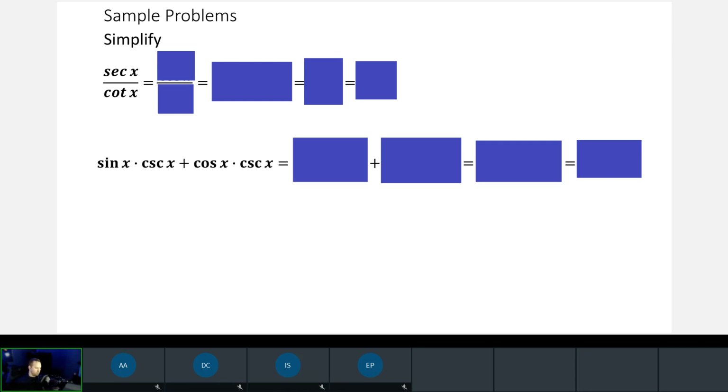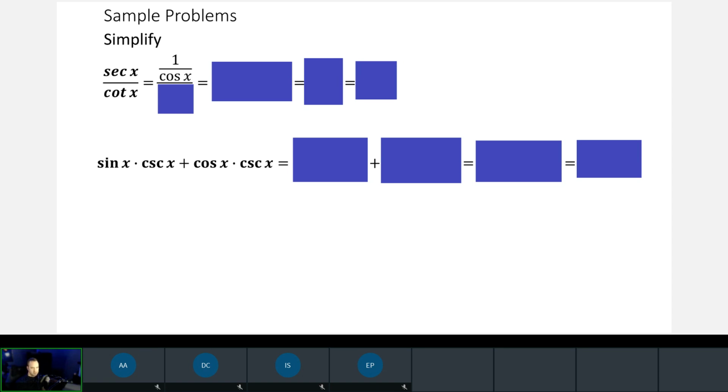So that is really an objective here. If you have secant, cosecant, cotangent, rewrite them in terms of sine and cosine. And that's how you want to start these. So how can I rewrite secant? One over cosine. Yep.